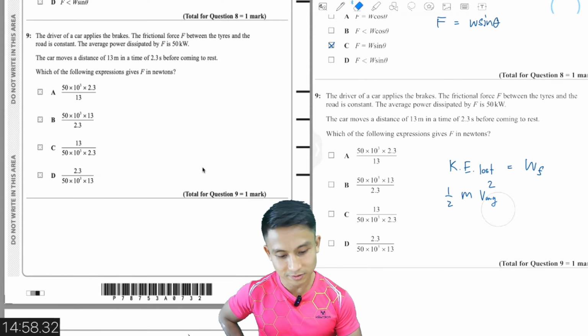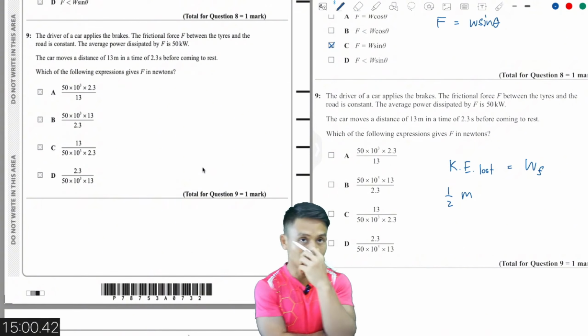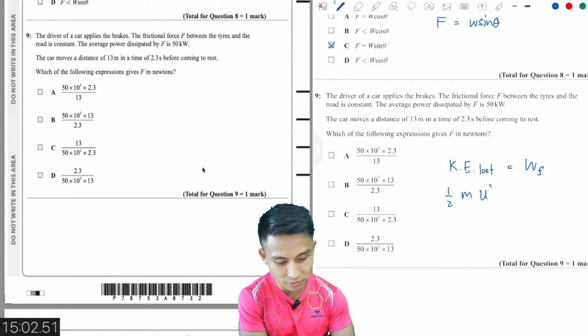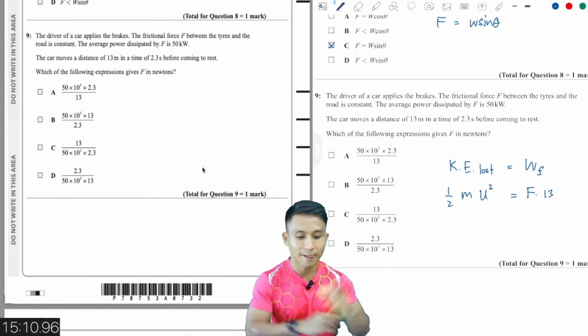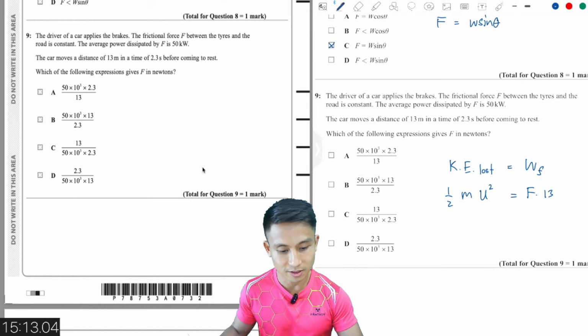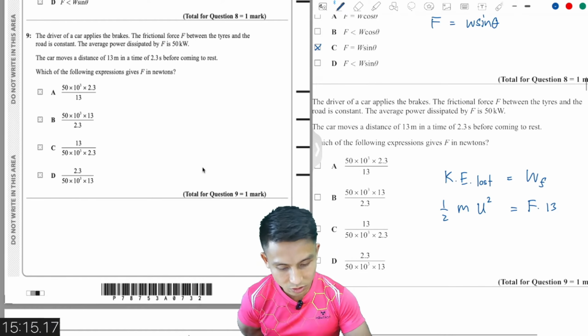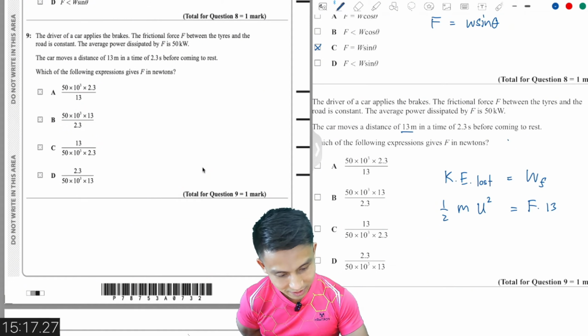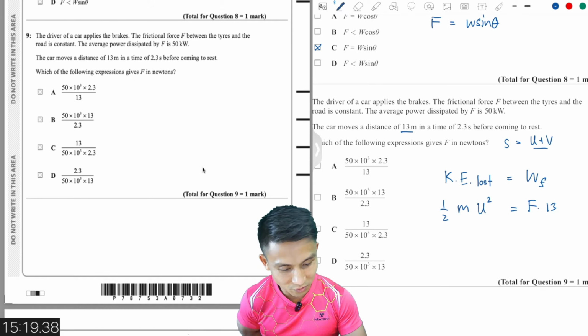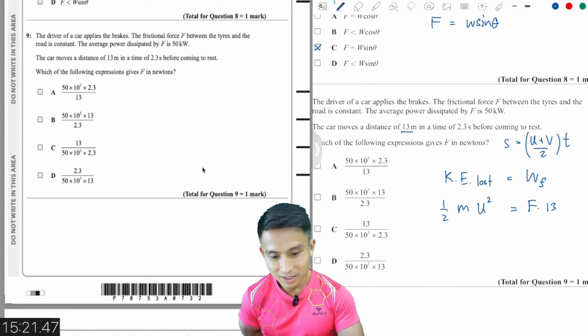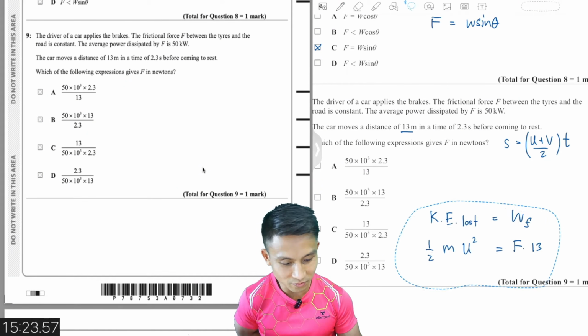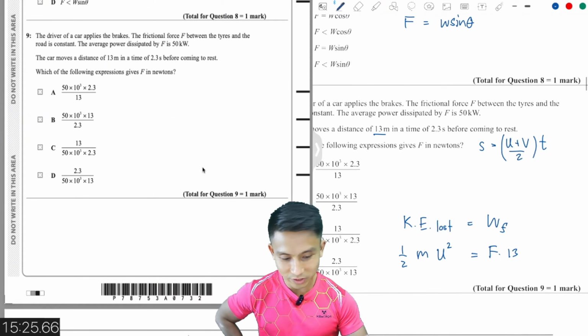Is that going to work? Hang on. Oh, it should be initial. It equals the average power dissipated by F, so that's F, and then the distance is 13. Now U. S equals U plus V over 2 times T. I guess I have to find U from there anyway.